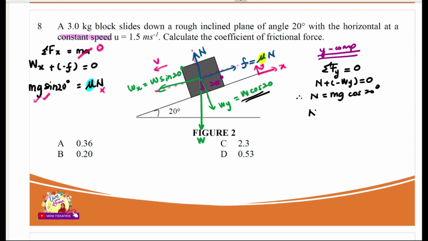Okay, so kita masukkanlah nilai. N you akan dapat 27.655 Newton. Okay. So we're going to substitute N into first equation. Okay. This is our first equation. So let's substitute N into equation number 1.